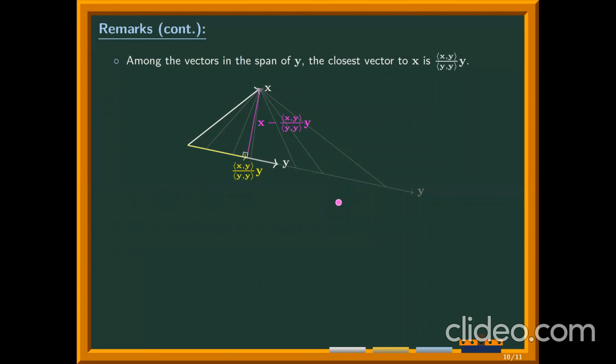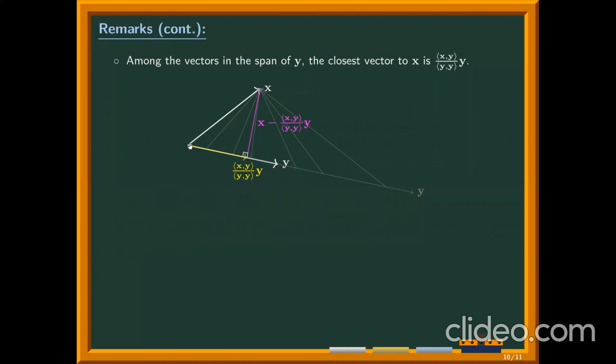If V is two-dimensional, we can draw the situation. So here is the picture when V has dimension 2. In this case, the span of y is the line determined by vector y. Okay, so we take all vectors lying along that line, and we measure the distance of each vector from vector x.